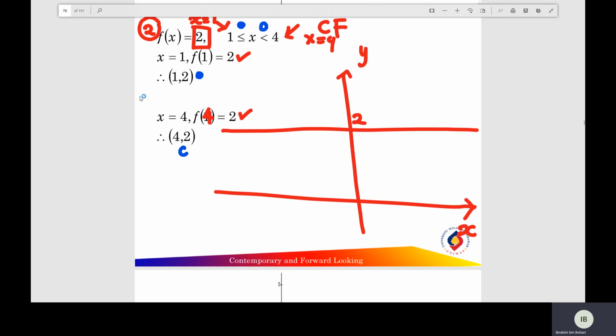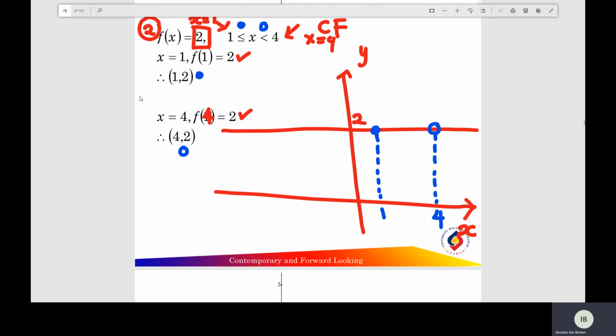So here is the empty circle. First value, 1, 2: this one is a filled circle when x equals 1. And second, 4, 2: here we put the empty circle, where the value of x equals 4.